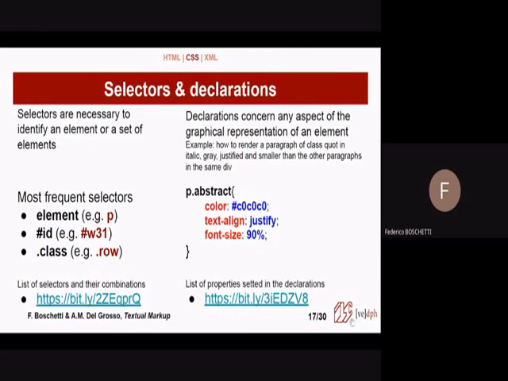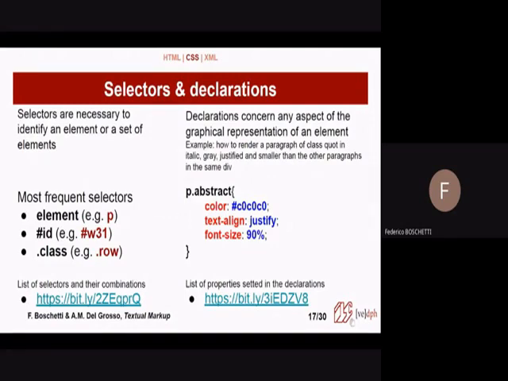The list of selectors and their combinations can be visualized at this link. Declarations concern any aspect of the graphical representation of an element. For example, how to render a paragraph of class quote in italic, gray, justified, and smaller than the other paragraphs in the same div is represented by this rule, in which I am saying that the paragraph of class abstract must be colored in gray.